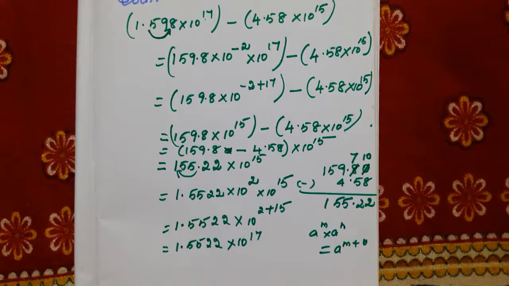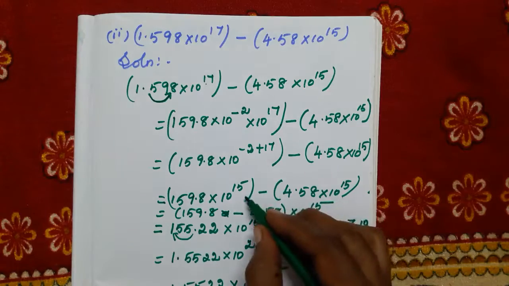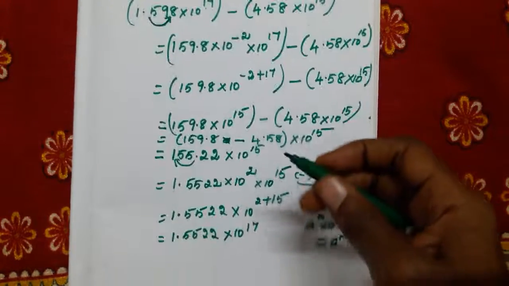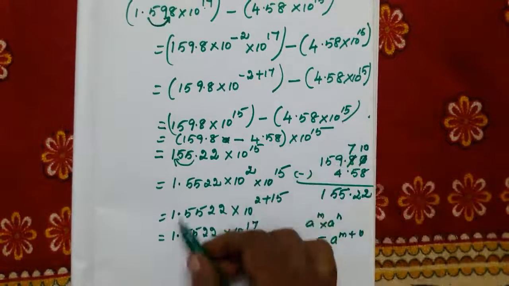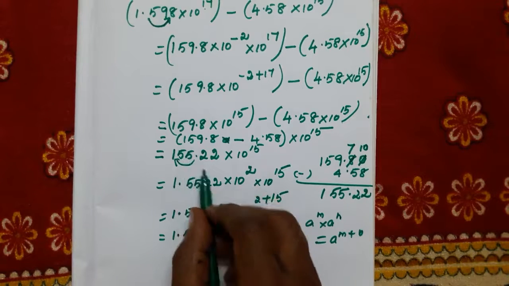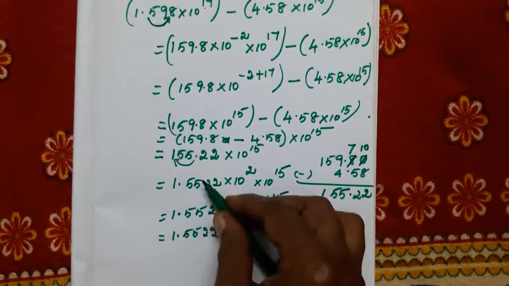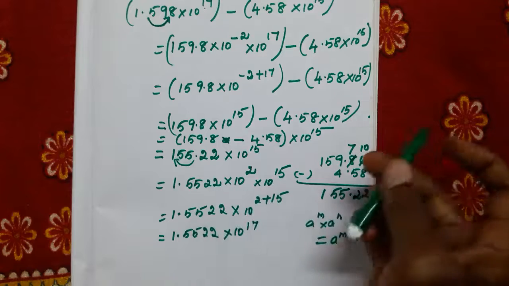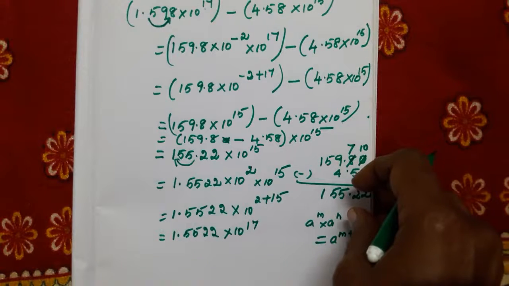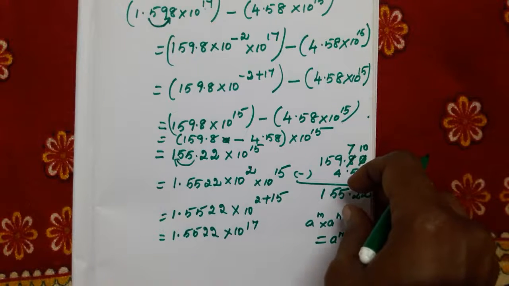Have you all understood this? First we want to convert the indices to be the same. Afterwards we have to subtract. And again here you see that it is not in scientific notation, so we want to convert this into scientific notation and write it. Have you all understood this?